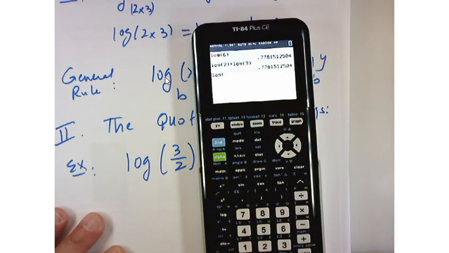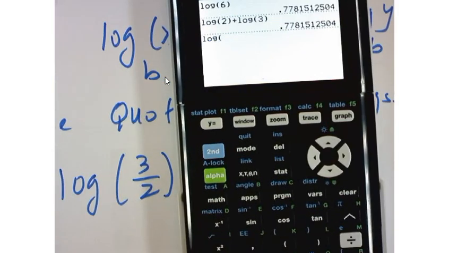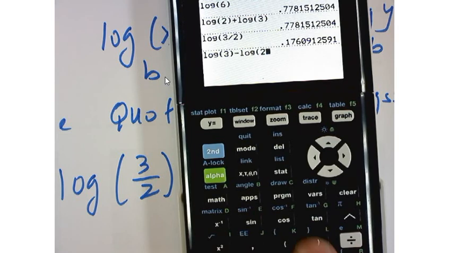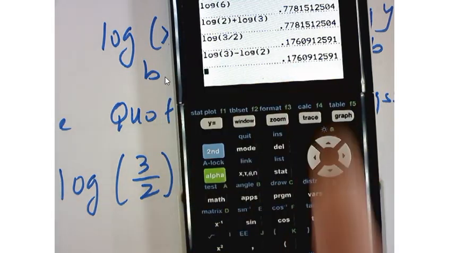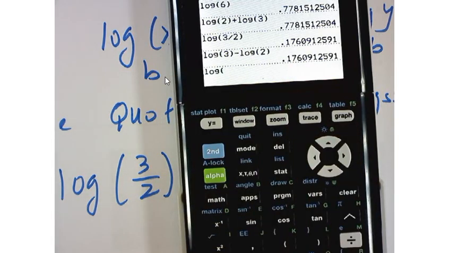Log of 3 over 2 inside the parentheses is 0.17609. Log of 3 minus log of 2 is the same. So remember, log of 3 halves does not equal log of 3 divided by log of 2. You can see you don't get the same answer.